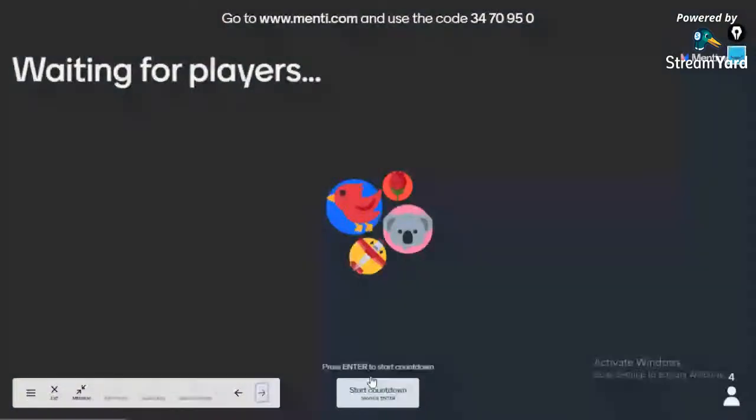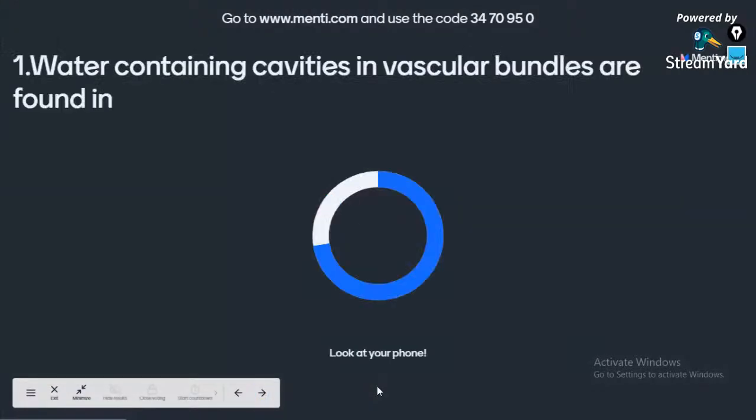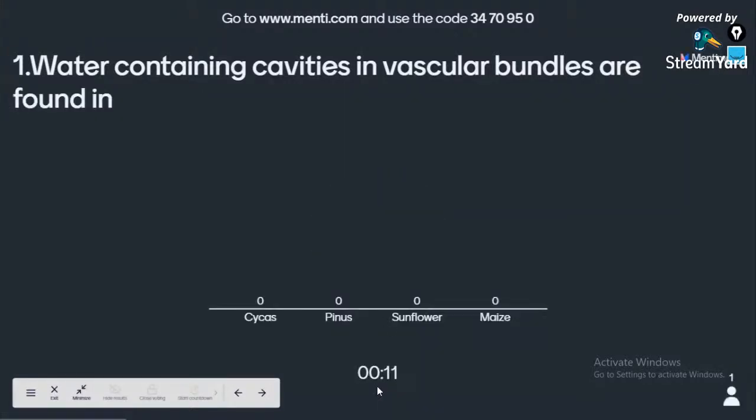First question on the screen. Water containing cavities in vascular bundles are found in: cycas, pinus, sunflower, maize.